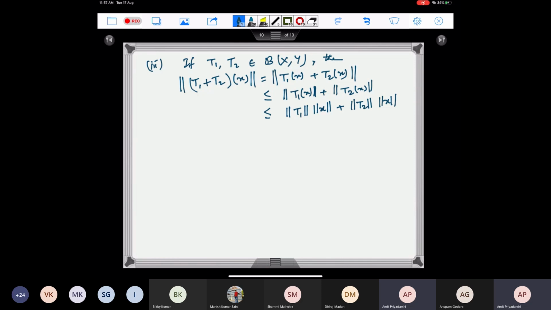So therefore norm of T1 plus T2 of x is less than or equal to norm T1 plus norm T2 times norm x for all x in X. And this will imply that norm of T1 plus T2 is less than or equal to norm T1 plus norm T2.